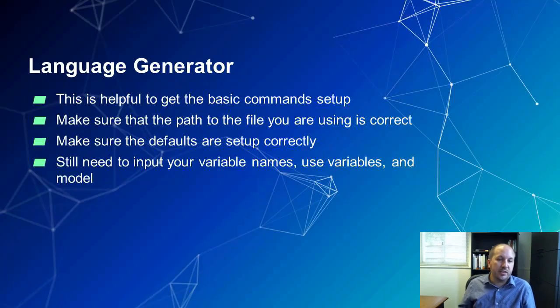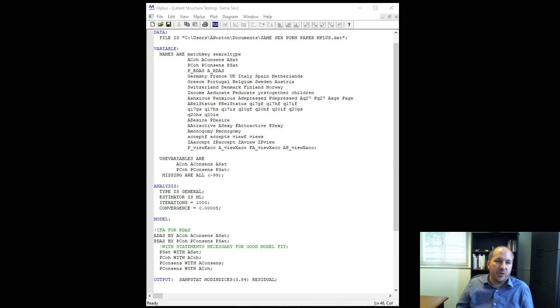You will still need to write out your model; there are some buttons you can click to identify some of the output you want, but it'll set up the main structure. It's really helpful to skip some silly errors like typing out the wrong file location or typing out the analysis part incorrectly. So the language generator is a good way to get the basic structure set up so that you can then just fill in your use variables, the names of your variables, and then your model.